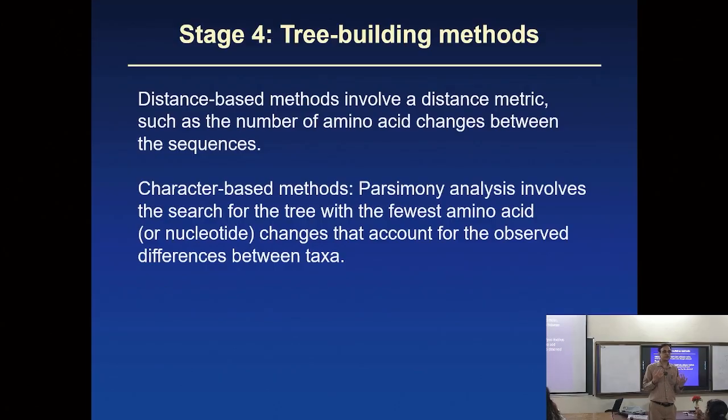So there should be a minimal number of mutations that can result in different organisms. Okay. So relationships between organisms can be interpreted by constructing a tree with the minimal number of substitutions.